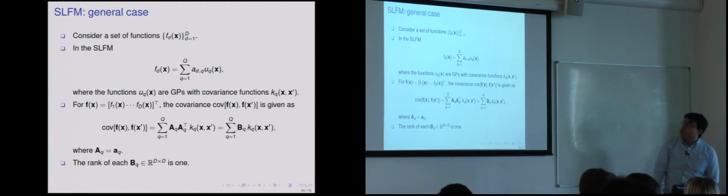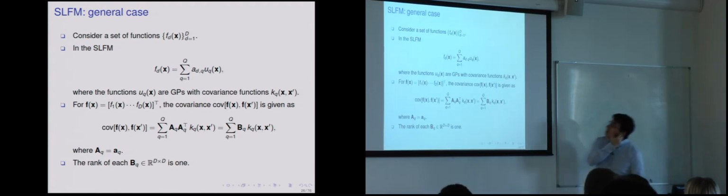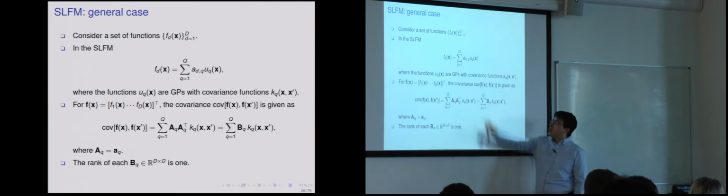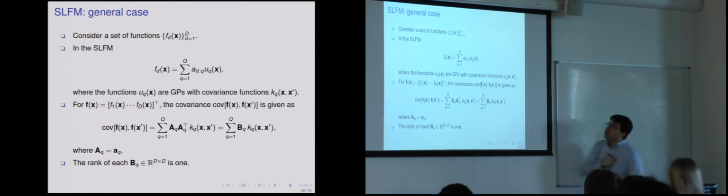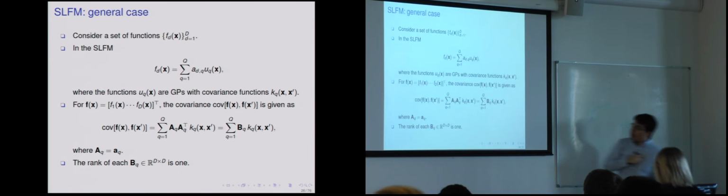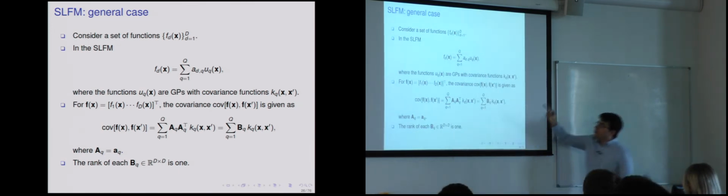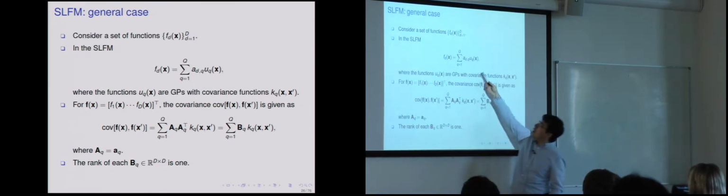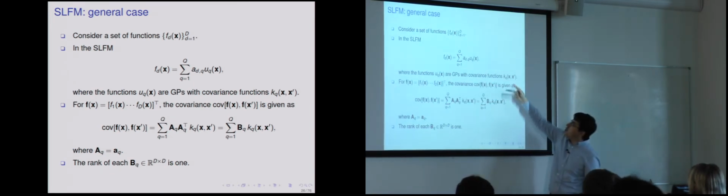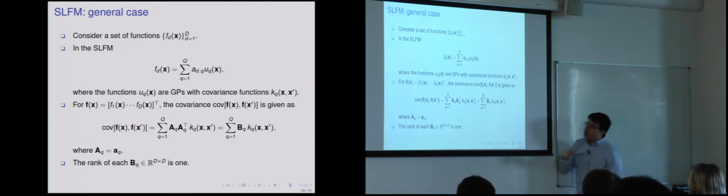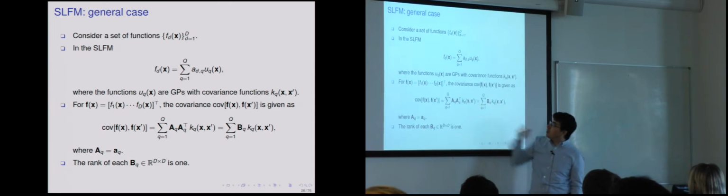And I can just do the general case, yeah? So now Q is greater than 2, and then I express my outputs as a linear combination of capital Q processes with samples that are being transformed linearly. So these U sub Q are Gaussian processes with covariance functions KQ, and then I can represent this in a, say, vectorial way.